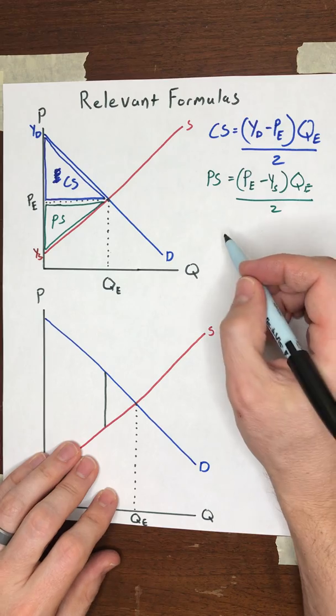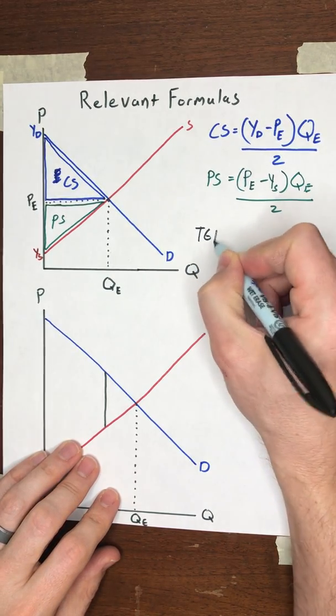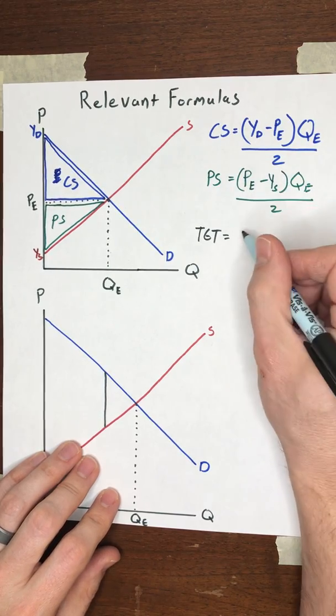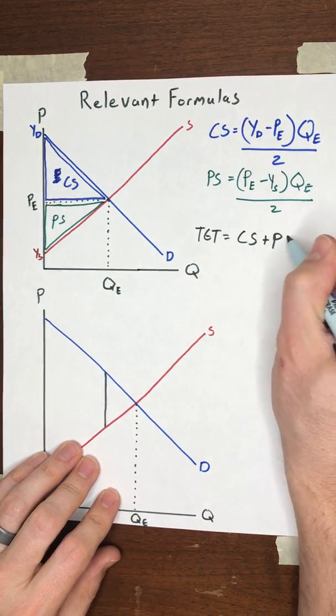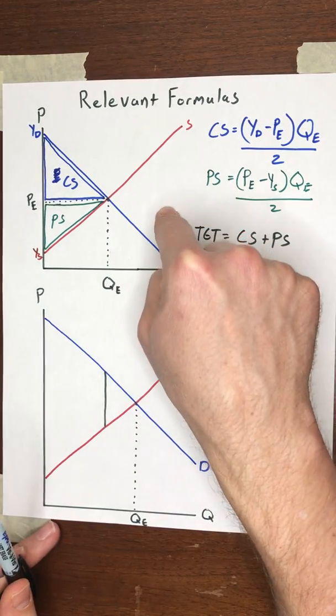And total gains from trade, which I'm going to call TGT, total gains from trade, that's just the sum of these two surpluses, consumer surplus plus producer surplus. Okay, this you already know.